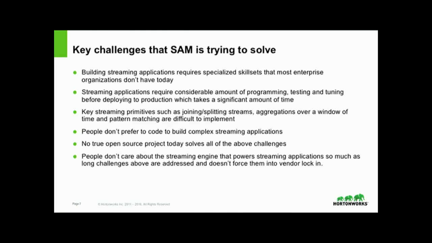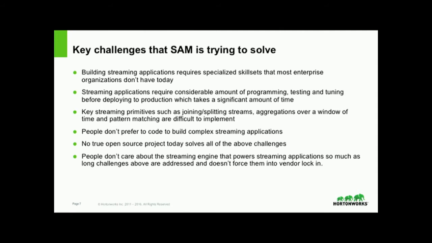Some of the key challenges we are looking at are to make the application build time much simpler and easier. Today, with the current APIs, it requires a considerable amount of programming, testing, and running in different clusters. So we want to minimize that effort as well. The idea is, don't worry about all these different APIs.